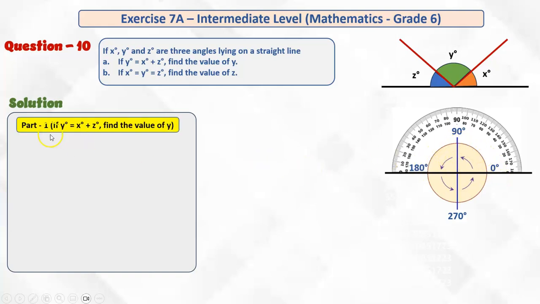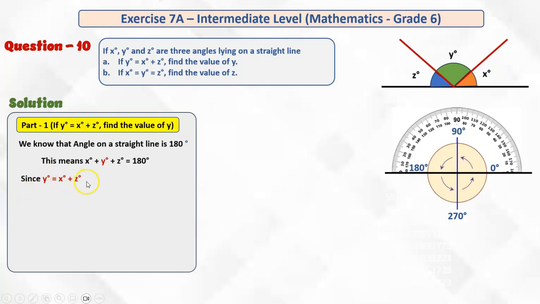How? Well, for part 1, if y is equal to x plus z, we have to find the value of y, and we know that an angle on a straight line is 180 degree, as we can see from this example. So this means that x plus y plus z, since all these angles combine to form a straight line, would be equal to 180 degree, and we also know that y is x plus z.